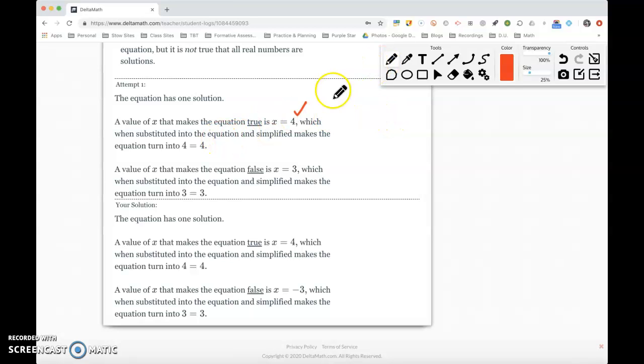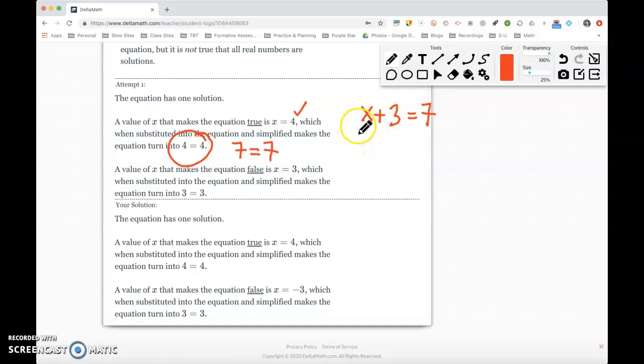But the problem with this particular solution is that the statement of equality needs to be 7 equals 7, because what the computer's actually doing is taking this x plus 3 equals 7, and they want to see that you can do the work.